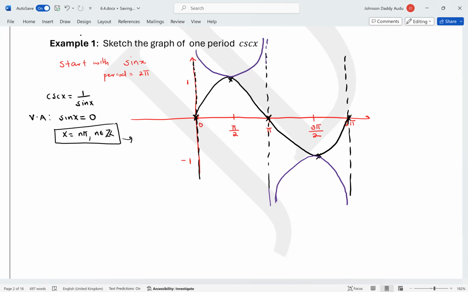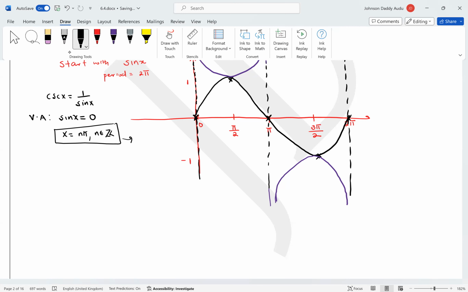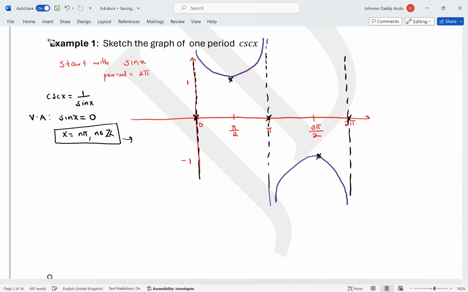So now we can decide to remove this one, because this is not what we need actually. So we can remove the black one and then we just leave this one. So this is the graph of cosec, the purple one. All right.